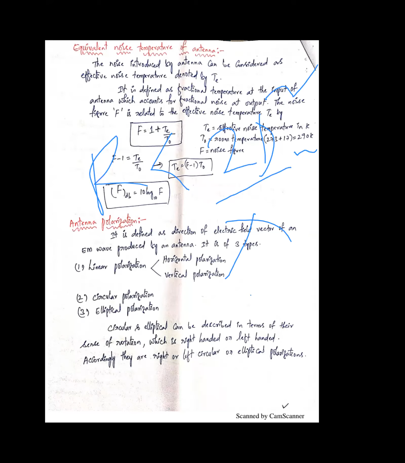And lambda, you know that it is operating wavelength. I repeat, for near field region, the condition is R should be less than 2D square by lambda. And for far field, the condition is R should be greater than or equal to 2D square by lambda.